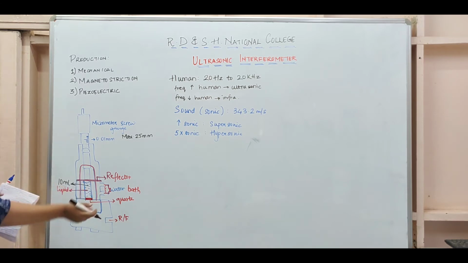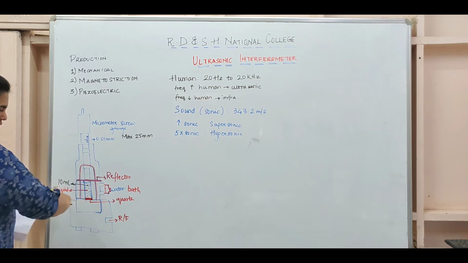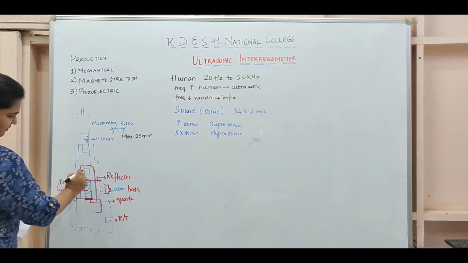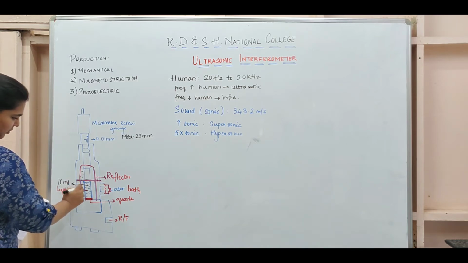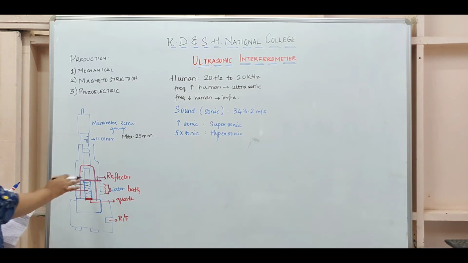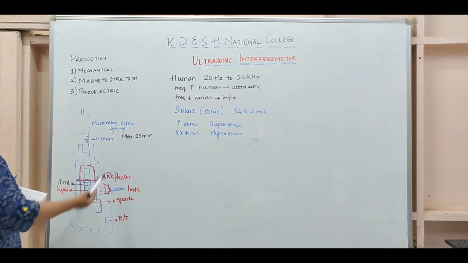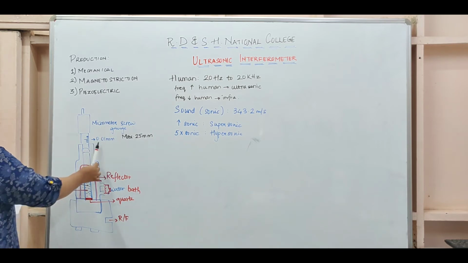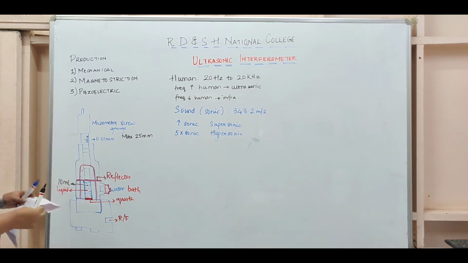This outer area consists of water to provide a water bath to maintain constant temperature. This micrometer scale can go up to a maximum of 25 mm with a least count of 0.01 mm.